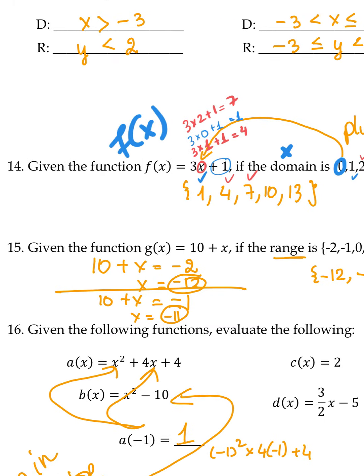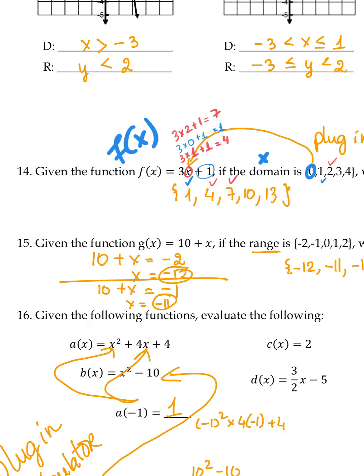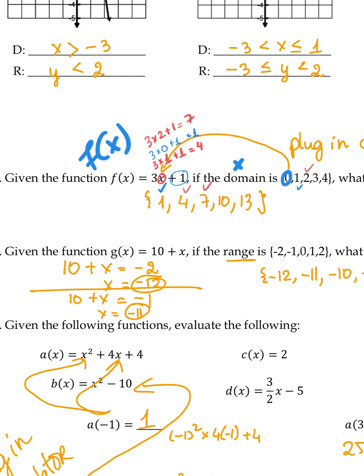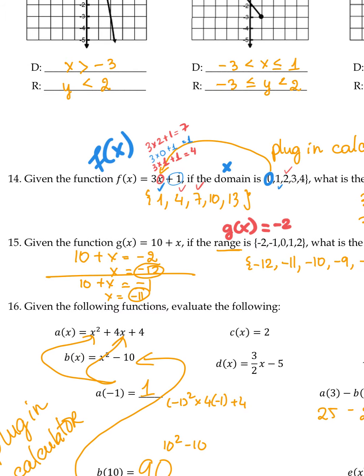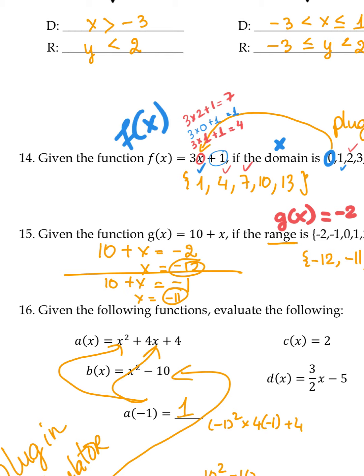All right. Next one, number 15, is a little bit different. They give you the range. Given my g of x is -2, I have to find the domain, which means I have to go back and find x. So the whole function right here is equal to -2.